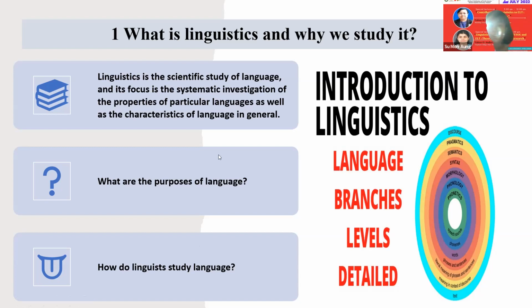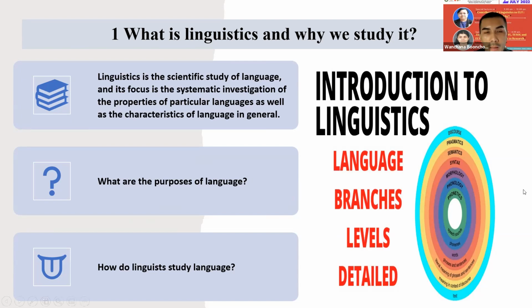For me, for the first question, the purpose of language is to communicate from L1 to L2 so that they can understand each other. And how do linguists study language?